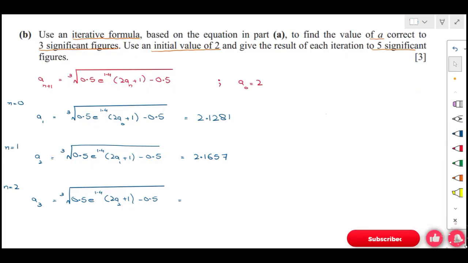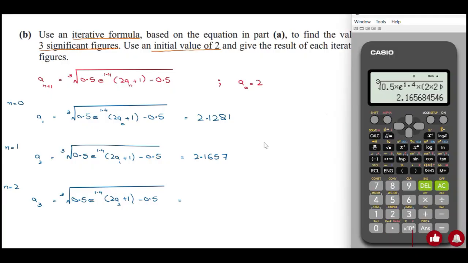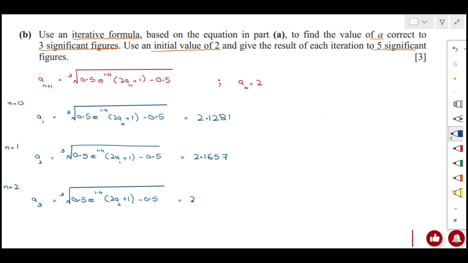Let me solve this iteration. 2.1657 gives 2.1764, and the 4 is rounded to 5 because the next digit is more than 5. 2.1765.